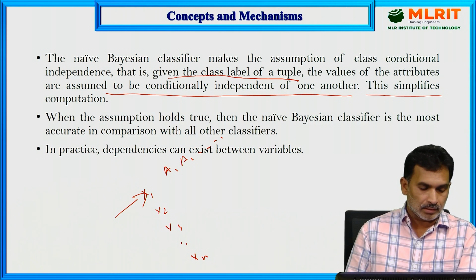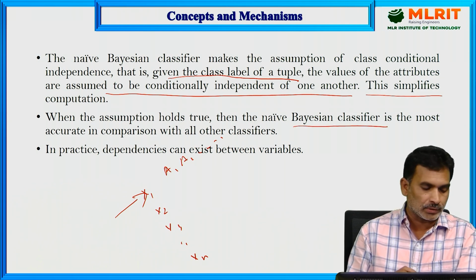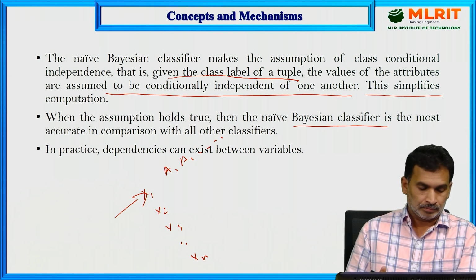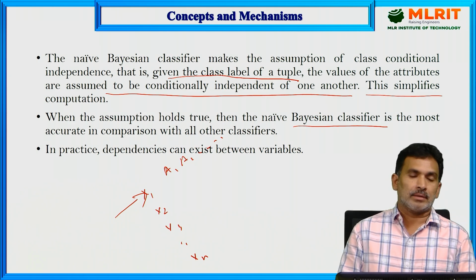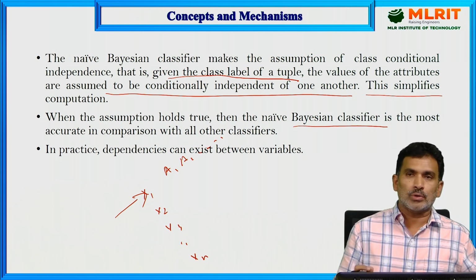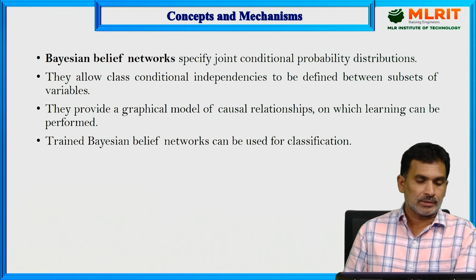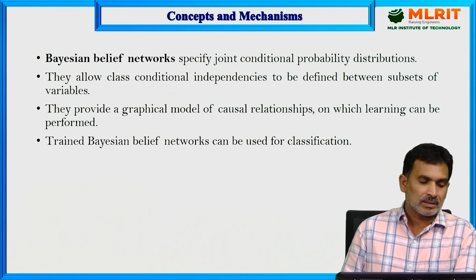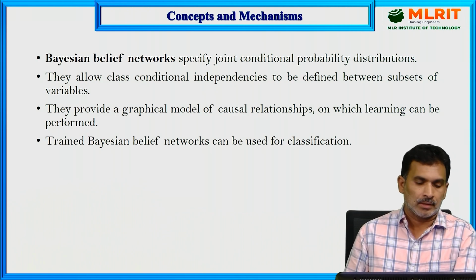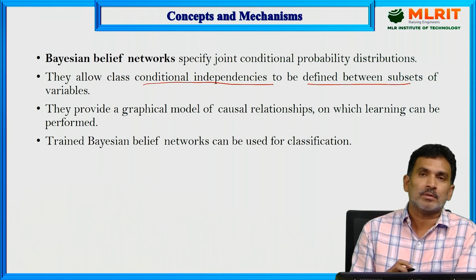When this assumption holds true, the naive Bayes classifier is the most accurate in comparison with other classification approaches. But in practice, in the real world, dependencies can exist between the variables. So how do we handle a dependency among the variables? One solution is Bayesian belief networks. A Bayesian belief network specifies joint conditional probability distributions. It allows class conditional independence to be defined between subsets of variables.